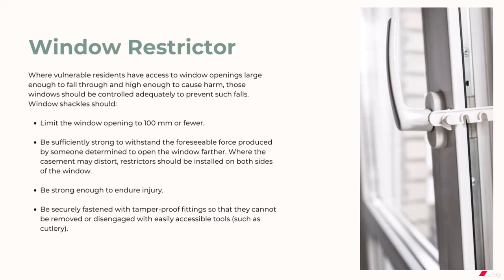Be sufficiently strong to withstand the foreseeable force produced by someone determined to open the window further. Where the casement may distort, restrictors should be installed on both sides of the window. Be strong enough to endure injury. Be securely fastened with tamper-proof fittings so that they cannot be removed or disengaged with easily accessible tools such as cutlery.